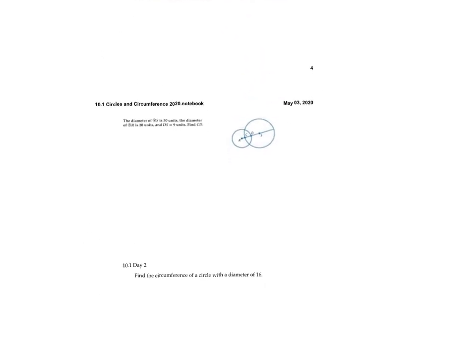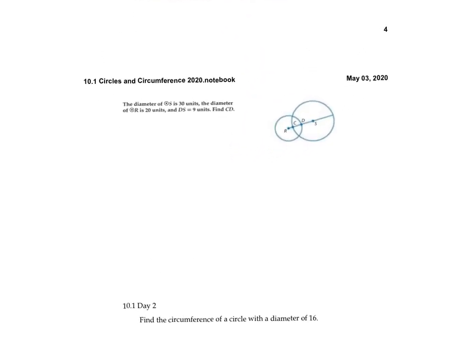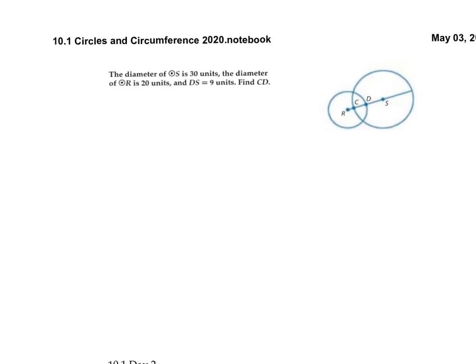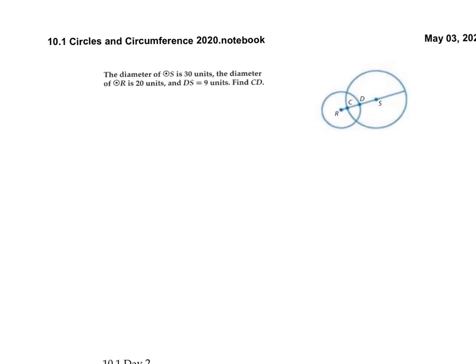And last thing for today, for day 1 video, this exercise. The diameter of circle S is 30 units, so you can say that this is 30.